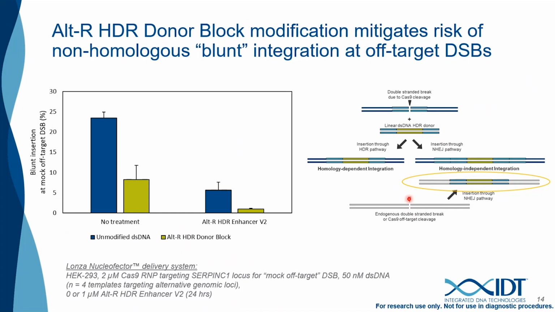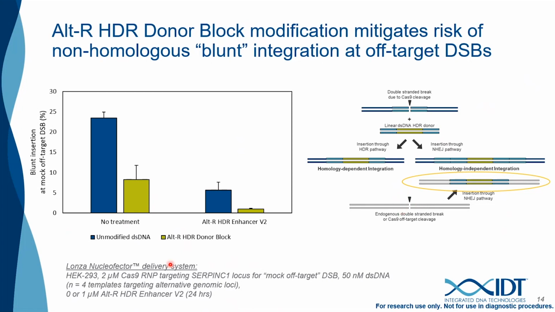In this experiment, we're using those same GFP donors and assessing them at a potential off-target that we've generated by combining the Cas9 with an alternative guide RNA. So there's no homology in this case, and this actually represents the worst case scenario where the off-target double-stranded break is generated at near 100% efficiency.